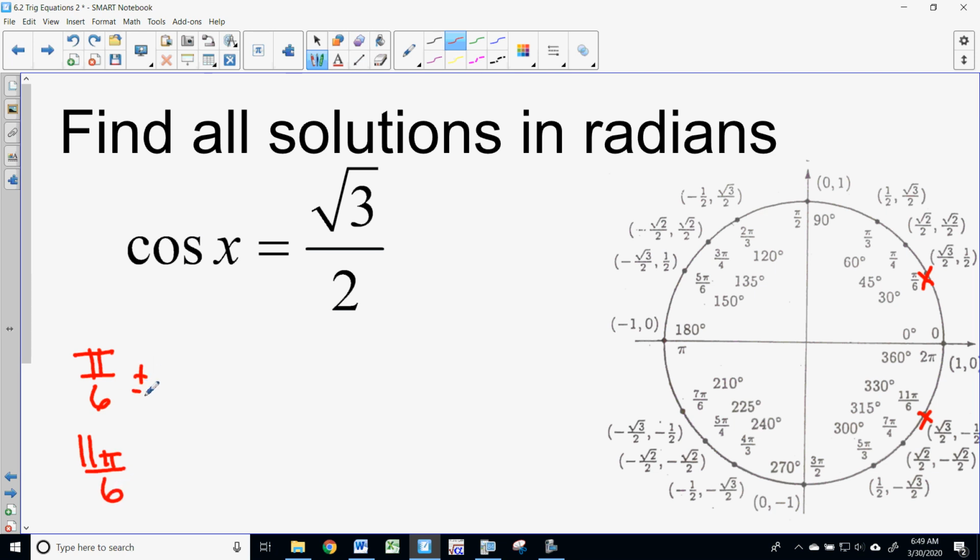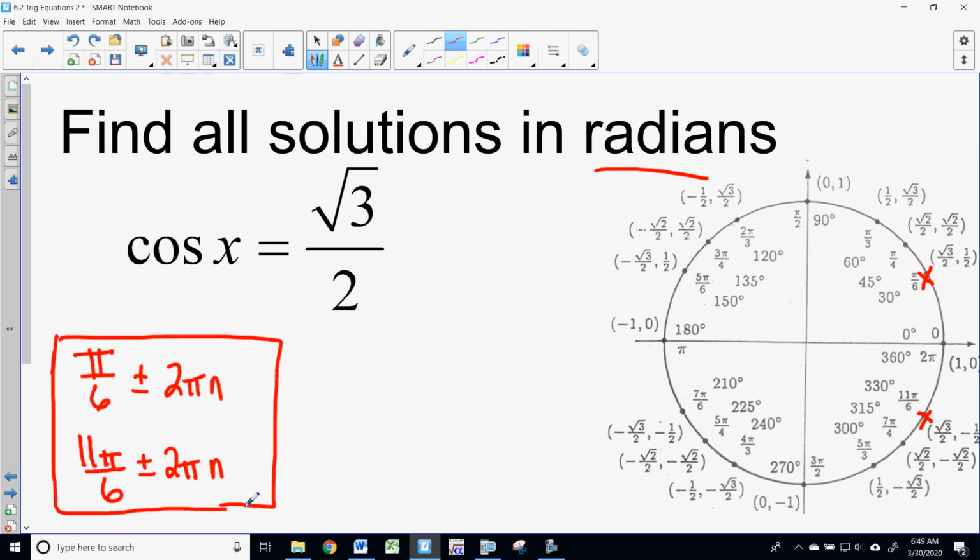And now what's going to be different is we're going to add and subtract not 360, but since we're in radians, we're going to add and subtract 2 pi n. And there are our two answers. So it works just the same way, except we are now using 2 pi n instead of 360n.